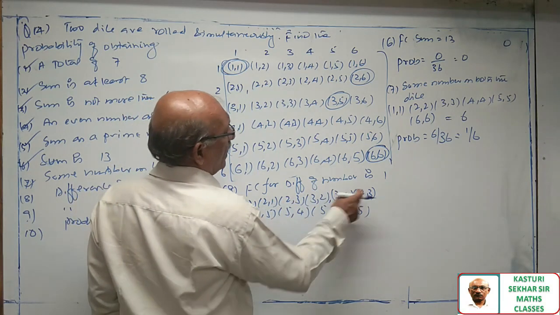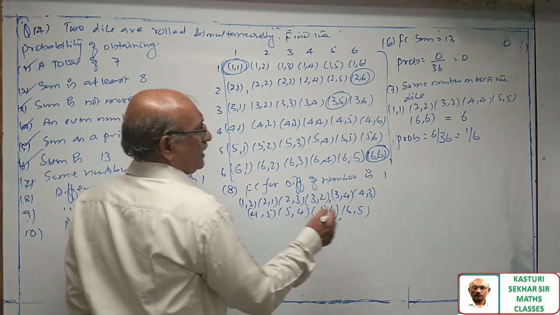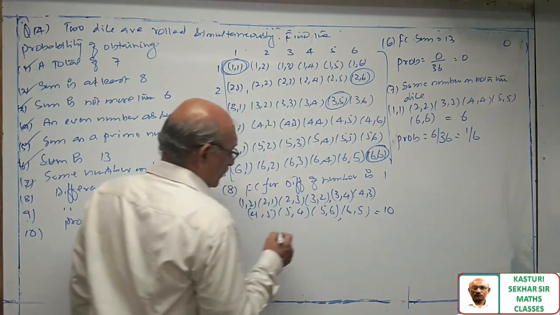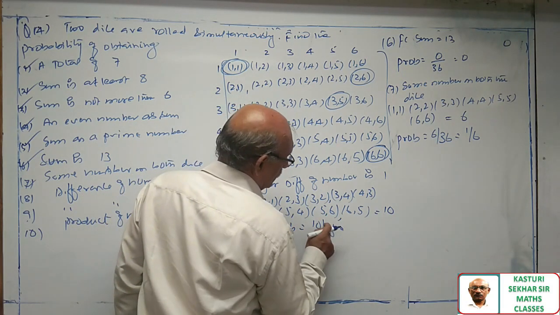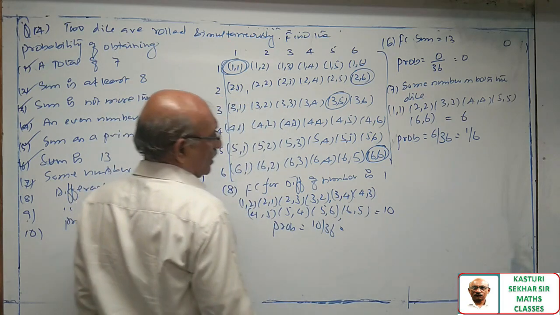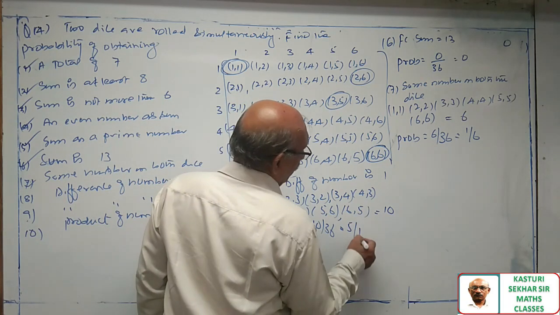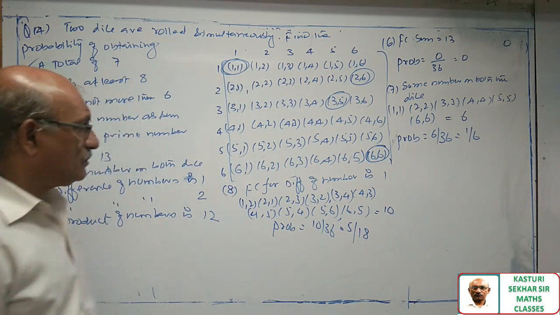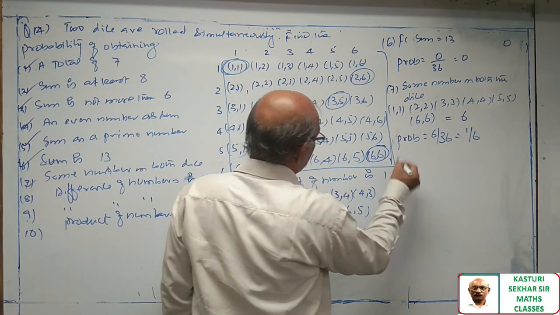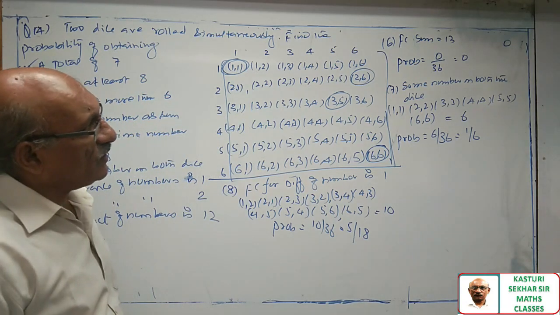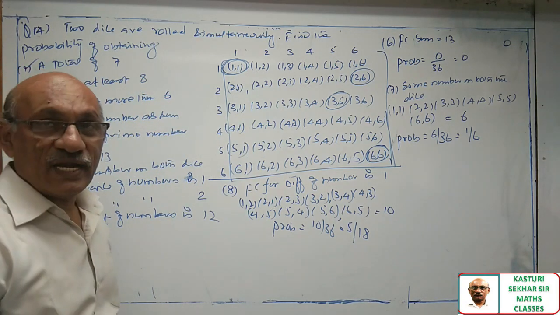So 10 cases. Probability is equal to 10 by 36 or 5 by 18. Okay, sir. Note down the solution for question number 6, question number 7 and question number 8.